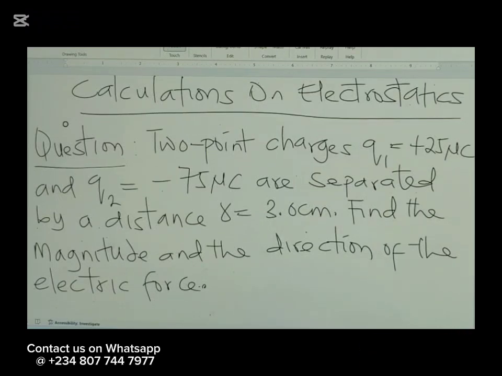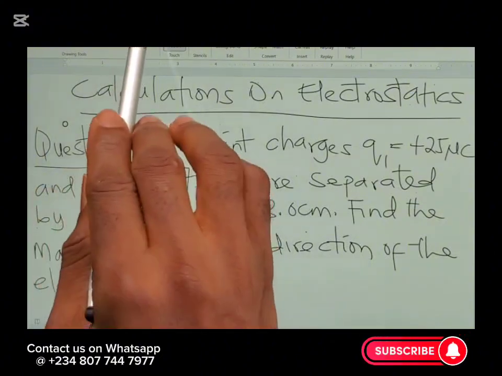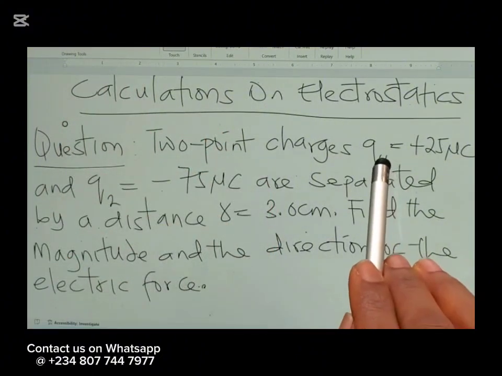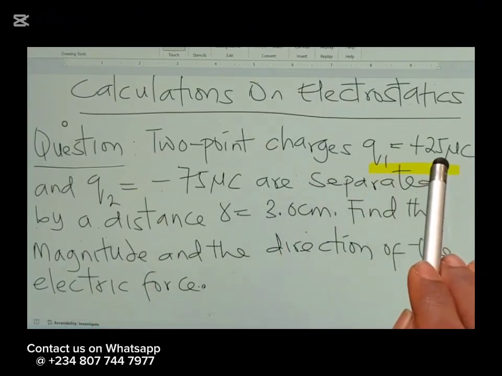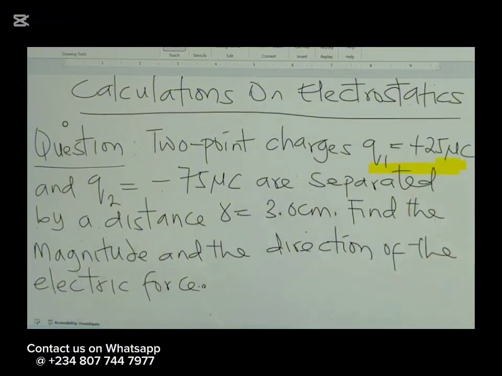They said two point charges. Q1 is given to us as plus 25 microcoulomb. Later we are going to know what micro is. The coulomb here is the unit of charge.